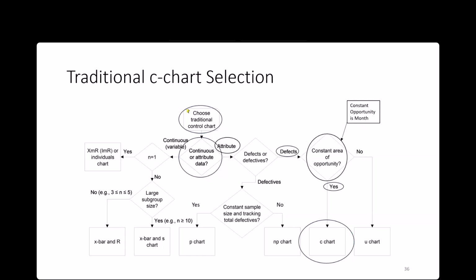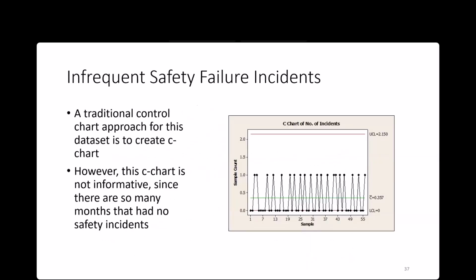Now, since we have a constant area of opportunity, in this case a month, that would lead us to a C chart selection. So let's examine a C chart. The traditional C chart approach for this data set is to create, like I said, a C chart. However, the C chart is not informative since there are so many months that had no safety incidences.